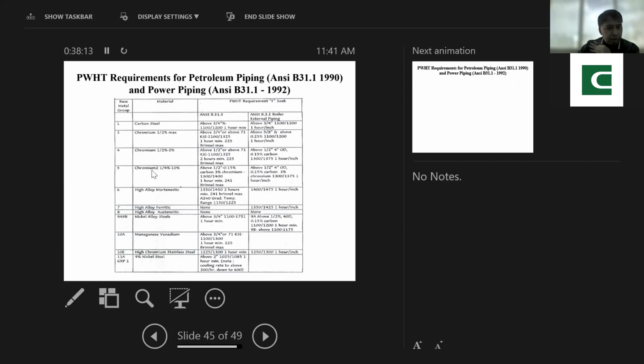So, this for 2 and 1/4% chrome, 1,300 up to 1,400 na yung kanya degrees Fahrenheit. 1 hour minimum at ang kanyang maximum brittle hardness is 241 BHN. So different material, different temperature, sinasabi yan on different codes and standards.